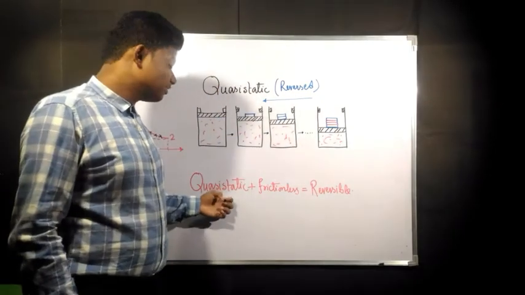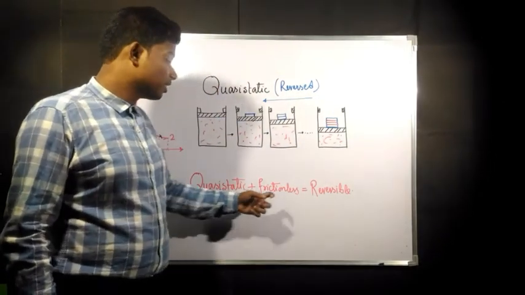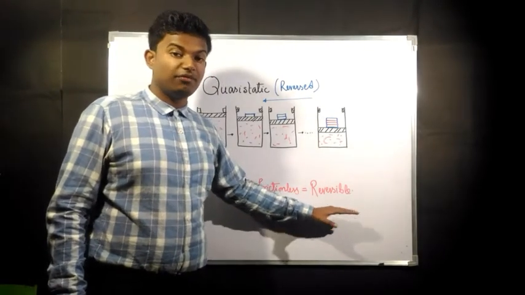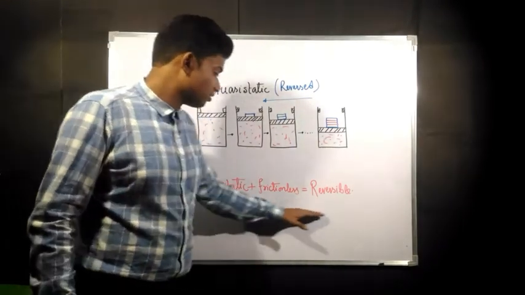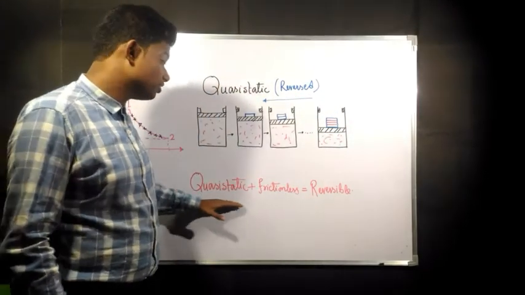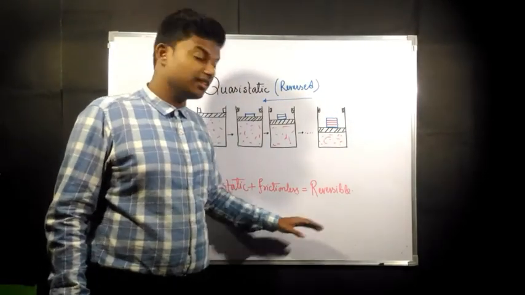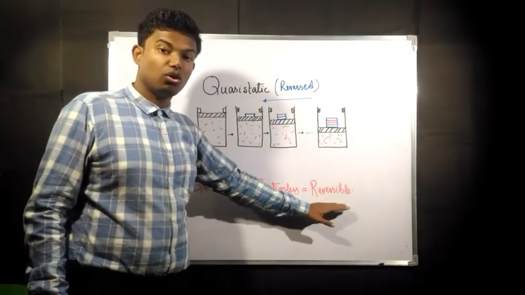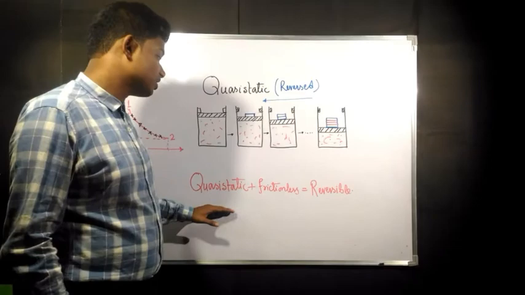So you can make this statement easily now. Quasi-static plus frictionless is going to give you a reversible process. And from this equation, I will call this an equation, we can conclude another thing, that all quasi-static processes are not reversible, but all reversible processes are quasi-static processes.